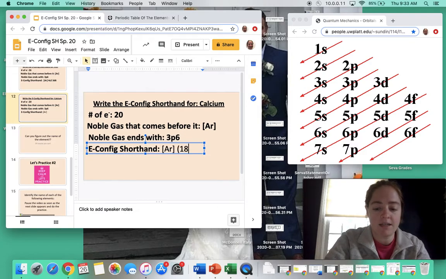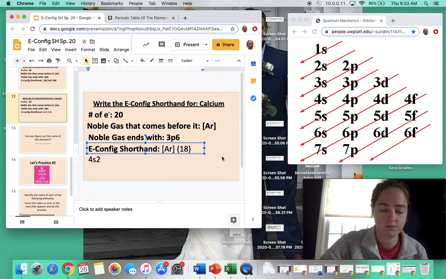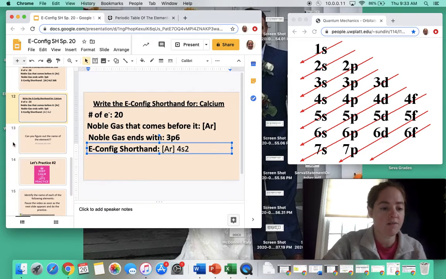So argon had 18, so I can put that in parentheses just to help keep track. Okay, argon ended with 3p, so next would be 4s2. 18 plus 2 is 20, so we are all set. We needed 20. 20 is our number of electrons. Argon has 18 plus 2 is 20, so that's our final answer.